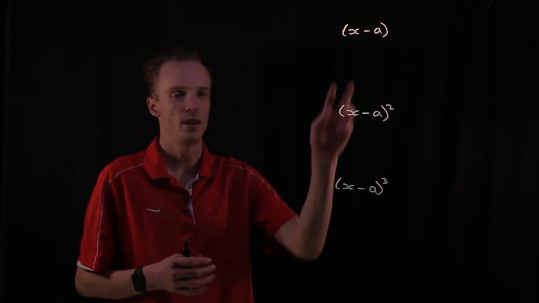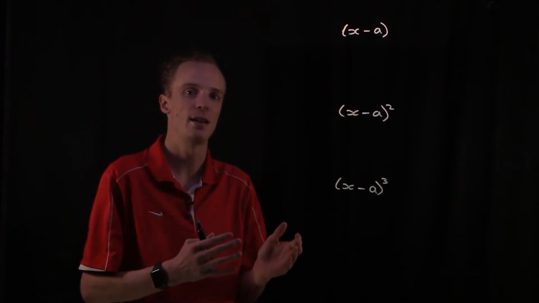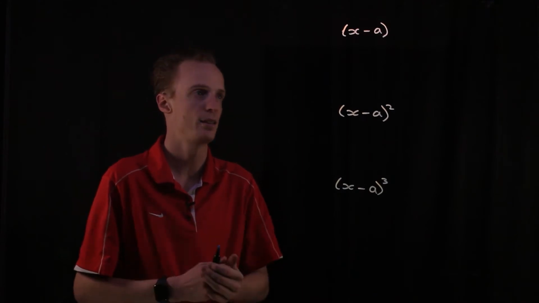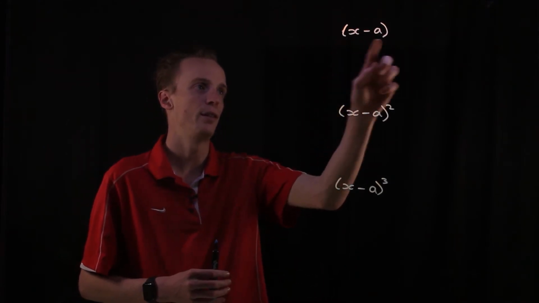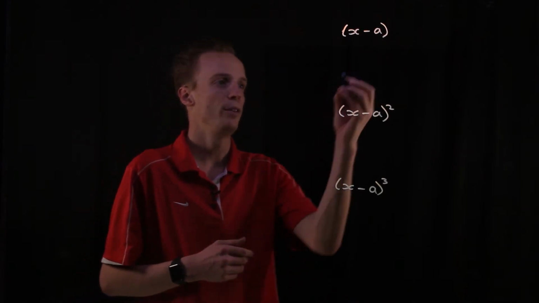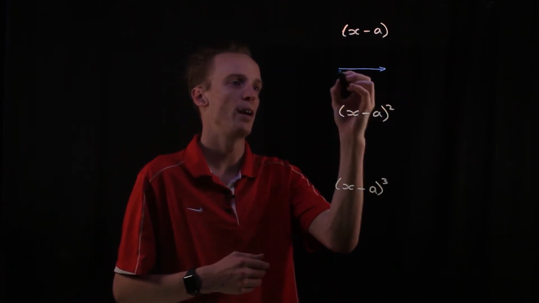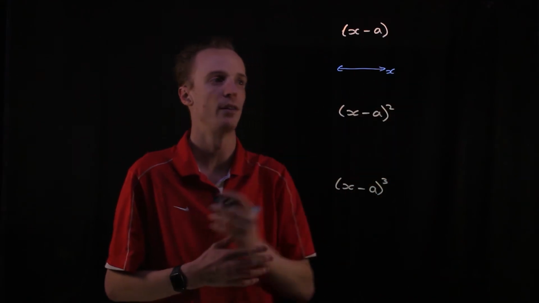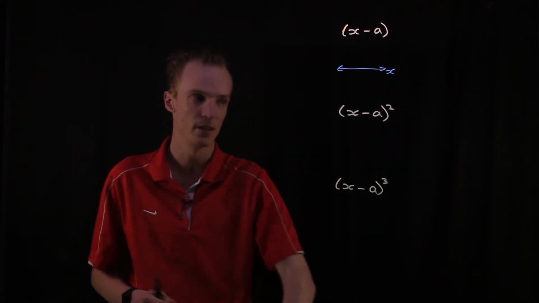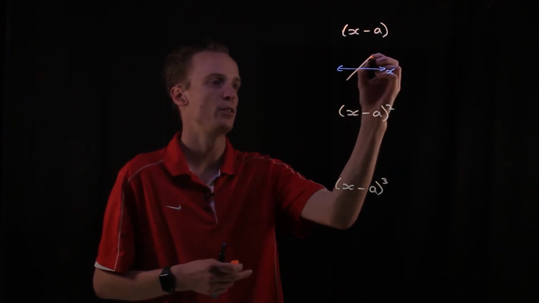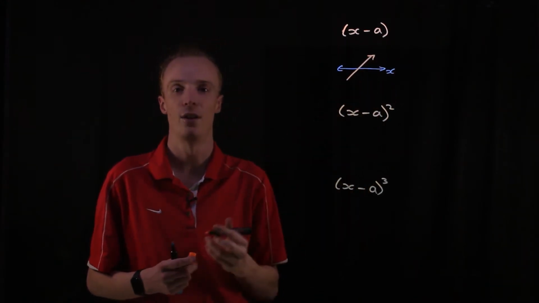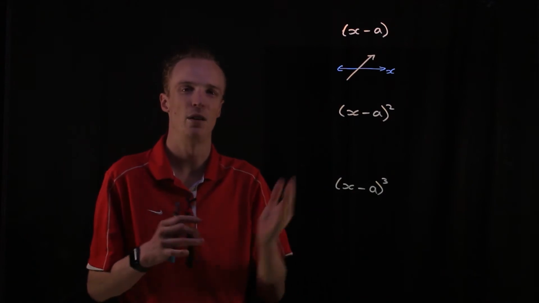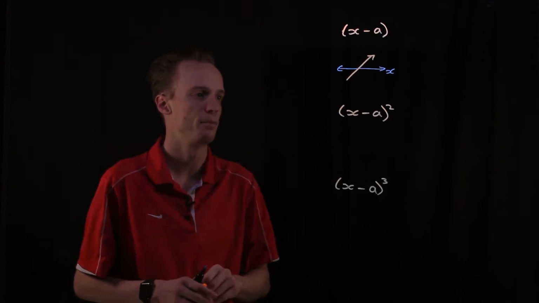Now, what each of these will tell us is how the graph cuts or meets the x-axis. If we've got a linear factor like this, it simply indicates that the function is going to cut through or pass through the x-axis at that point.